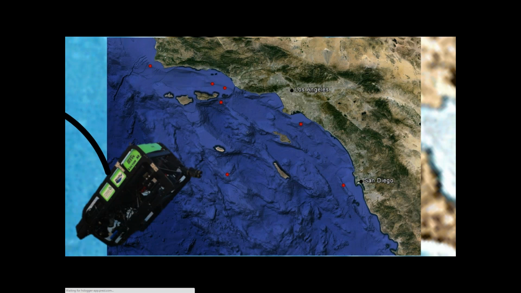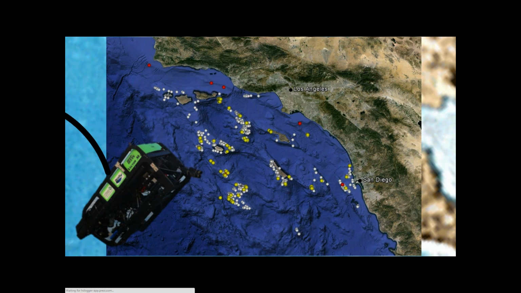We were given the opportunity by our colleagues at NIMS, including Kevin Stierhoff, John Butler, and Mary Yakovich, to review over 500 surveys they had done for rockfish and other species in the region in the past decade or so. With a lot of photo and video review, we were able to add over 100 new occurrences, shown in yellow, with the white as absence and dives, and the red as historical occurrences.